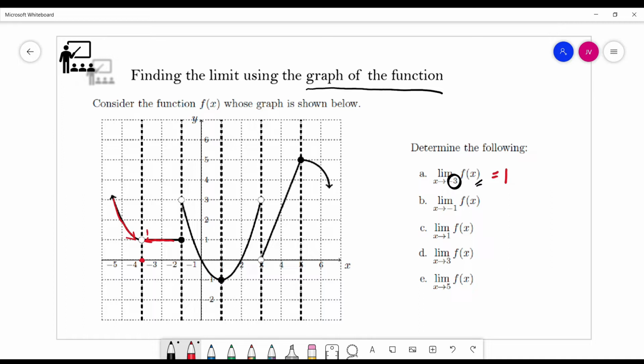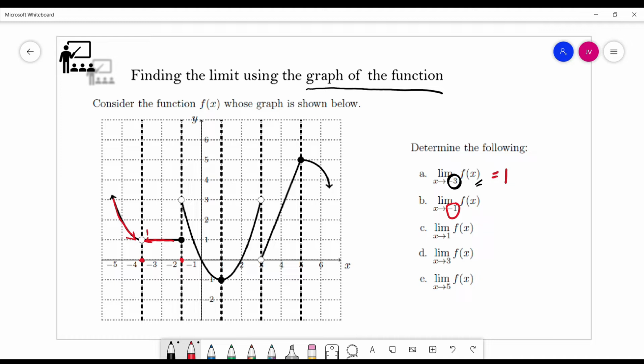On the other hand, for example, we have the next example. We have -1, as the value of your x approaches -1. Again, we need to consider the left and the right graph ng ating given constant.